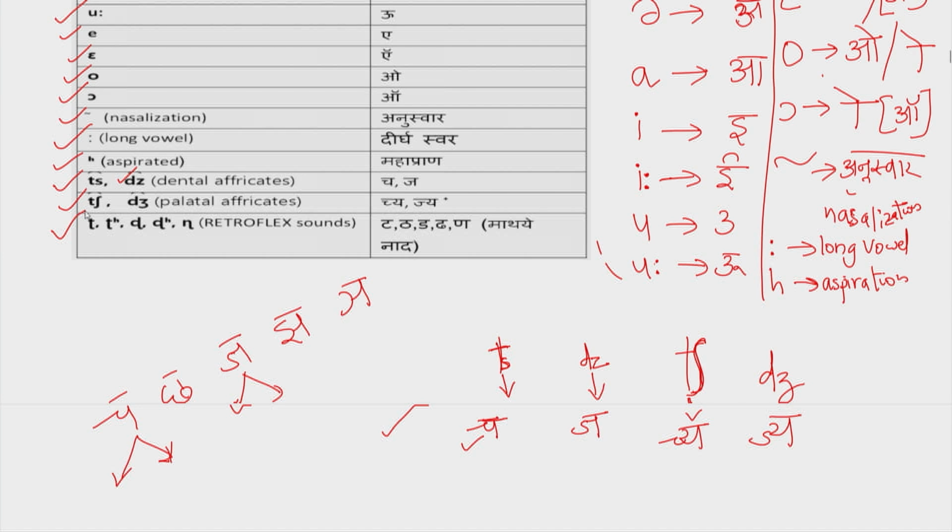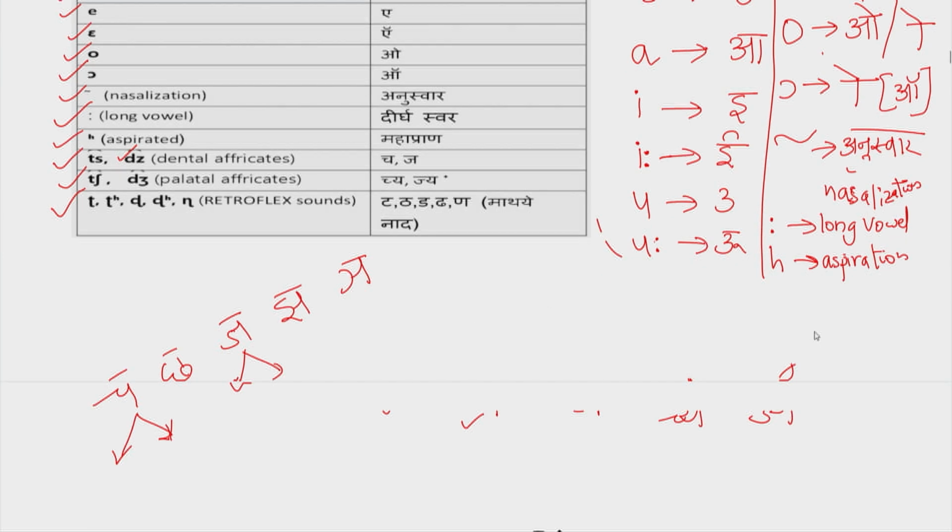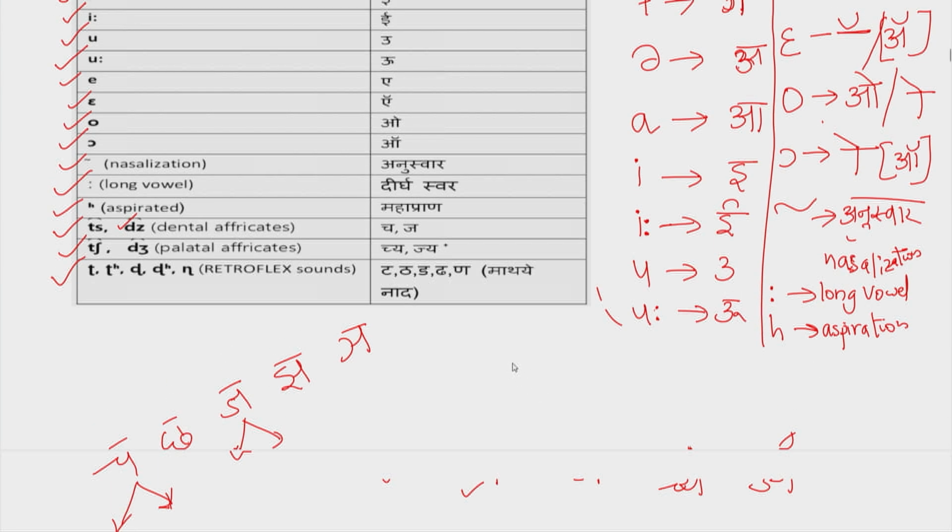All retroflex sounds which are called as Matiya Nad in Konkani are written with a hook. So in Devanagari script we have T, Th, D, D and N. And in IPA they are written as T, T with a hook, D with a hook. Sorry, this is Th, T with a hook, and for the aspiration of Mahapran we write H, small h.